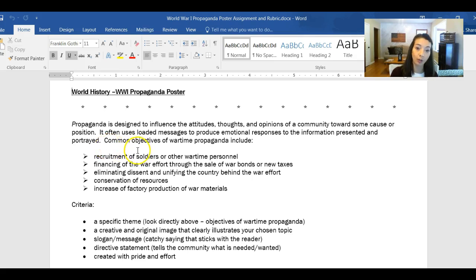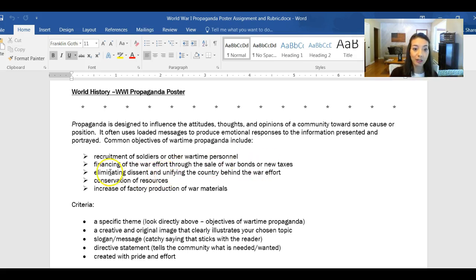Common objectives of wartime propaganda include recruitment posters, so they're trying to get people, in this case mostly men, to join the Army, the Navy, to be soldiers and fight in the war. Maybe your poster is about financing the war through bonds, or supporting the increase of taxes.